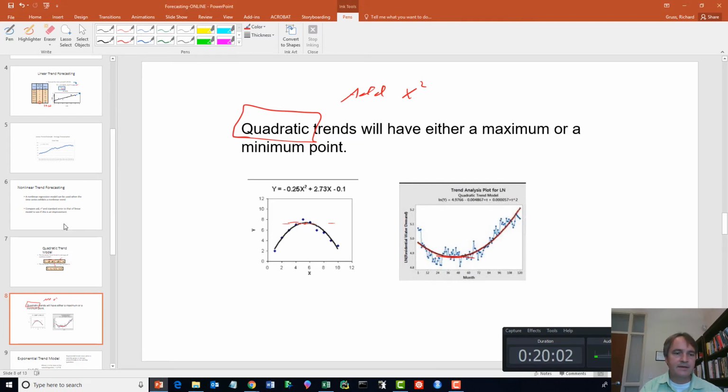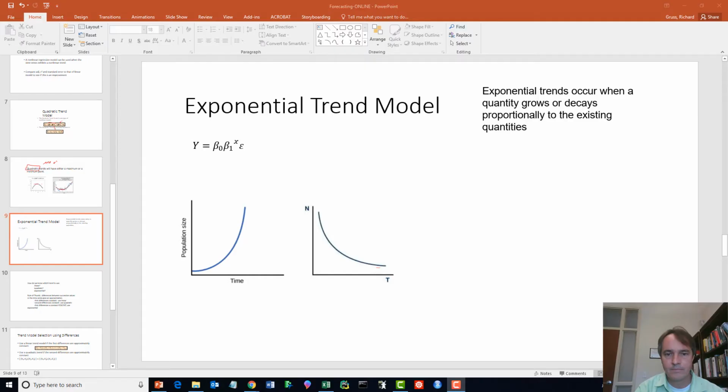As I said, if there's a straight line, you're just going to use a simple linear regression. If you have this pattern where you've got this curve that reaches a maximum or a minimum, then it's a quadratic. If you have a pattern that doesn't exactly follow that curve with a minimum or a maximum, but rather curves monotonically down or up, then you have to capture that with what's called an exponential trend model.